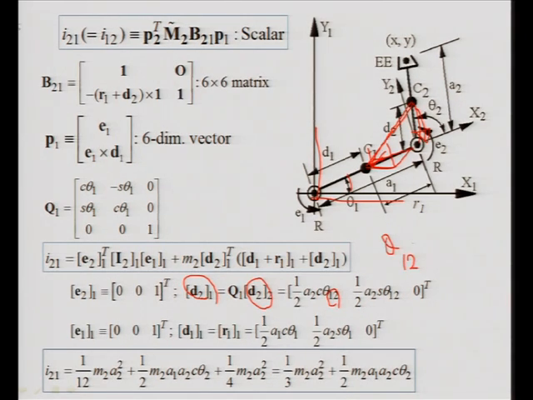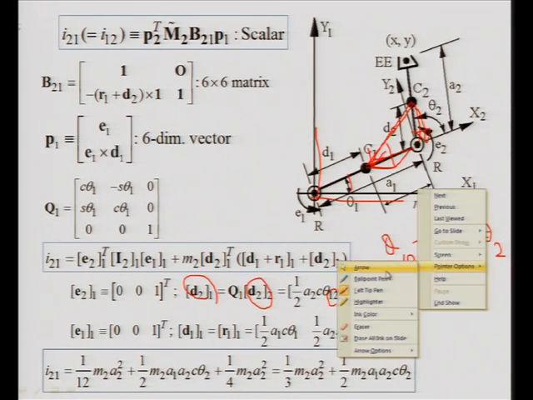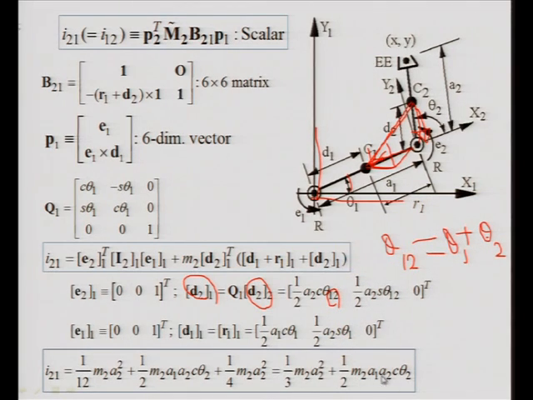That is the definition here for theta. And then I21 will have m2 a2 square multiplied by 1/3 plus half m2 a1 a2 cos theta 2. So, now this variable term theta 2 comes into picture.